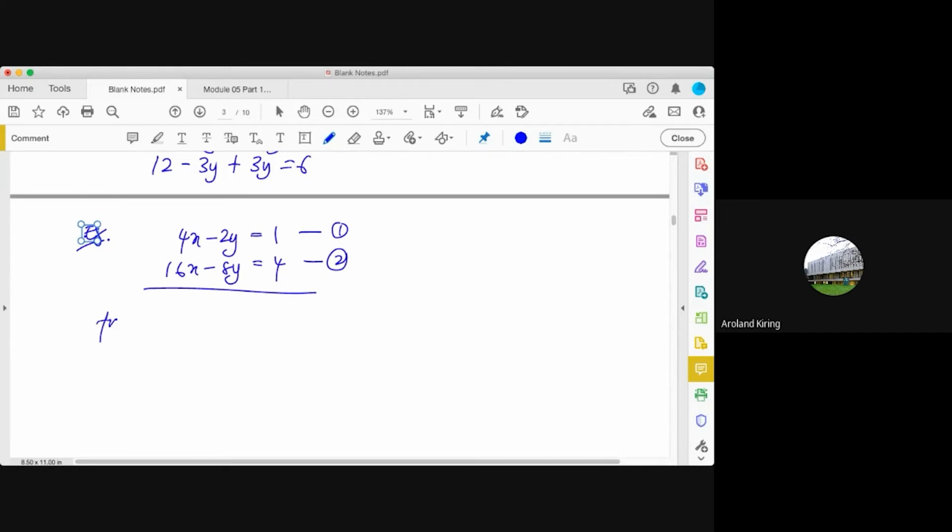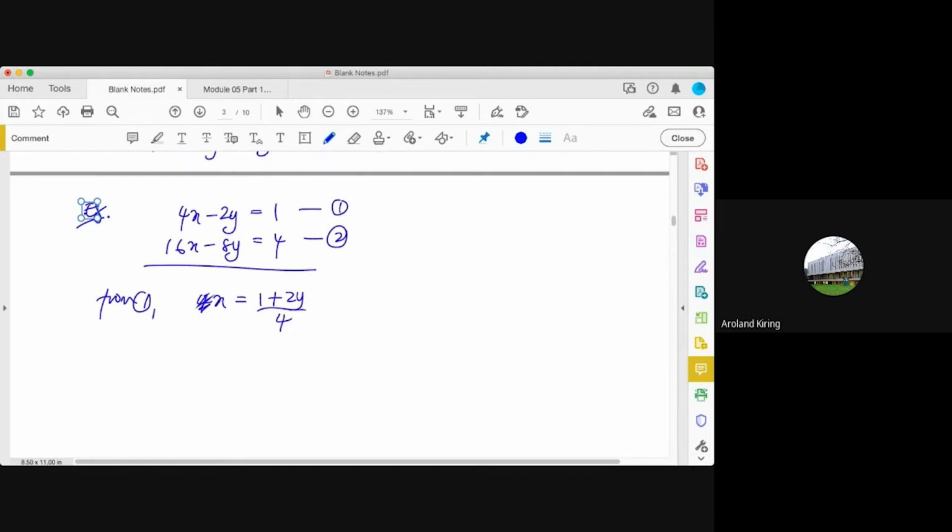So from 1, we have 4x equal to 1 plus 2y. If we move 4 over, we have x equal to this equation. Let's say this is equation number 3. We put it inside number 2, so we have these equations. Okay, so you have 4 plus 8y minus 8y equal to 4.